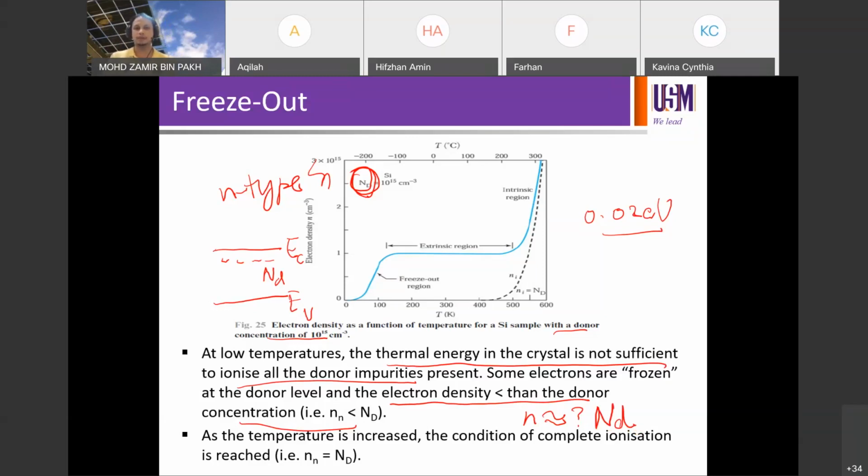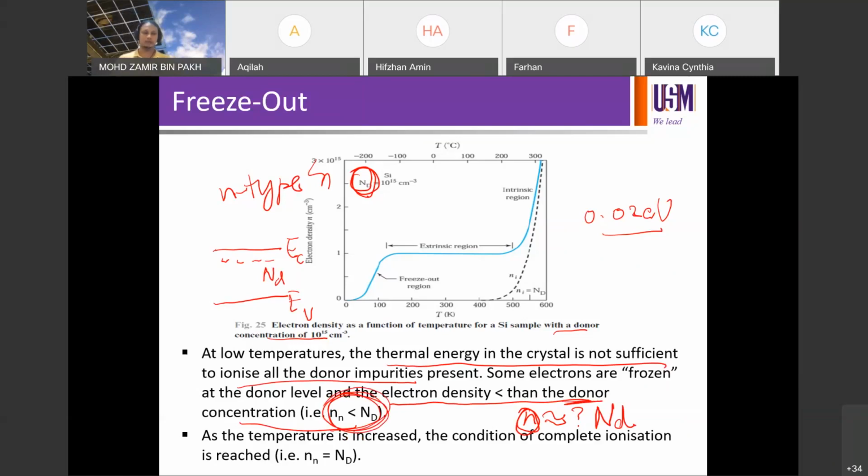So all dopants are ionized. In this case, when the temperature is too low, we don't have enough ionization. As a result, N is way lower than ND, which is the intended value. The intended value of N will be ND, but due to the low temperature of the silicon at that particular time, N will be way lower than ND.